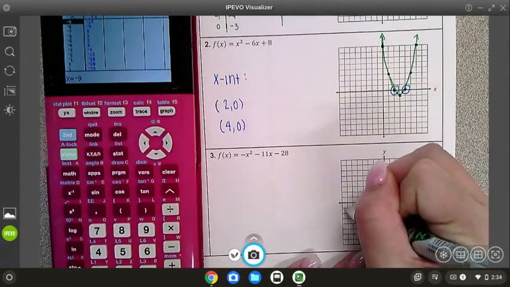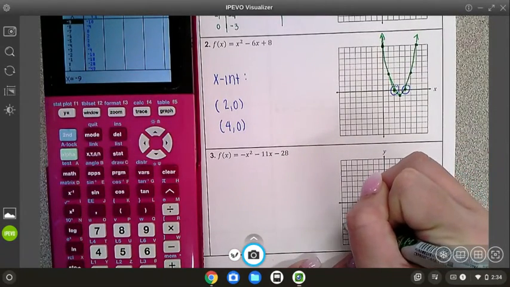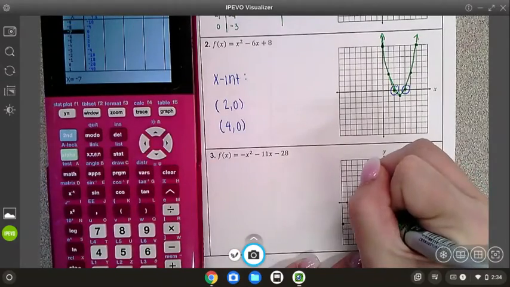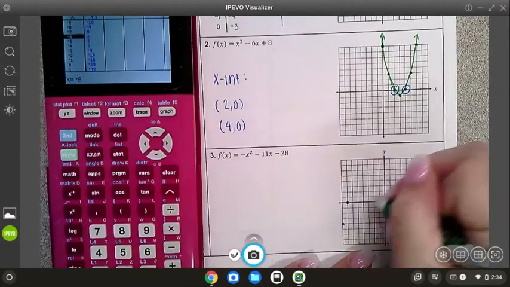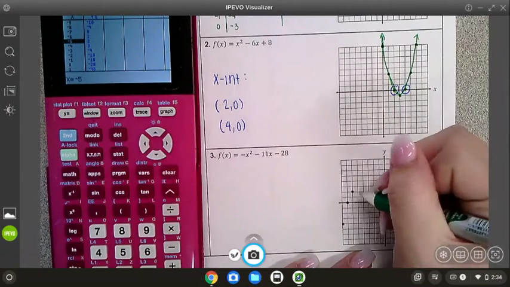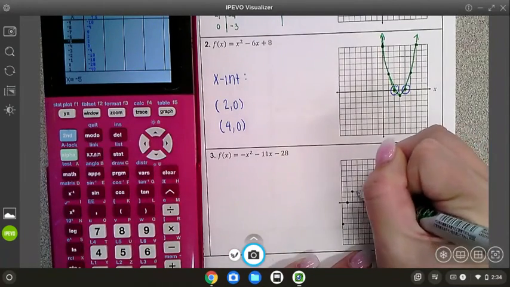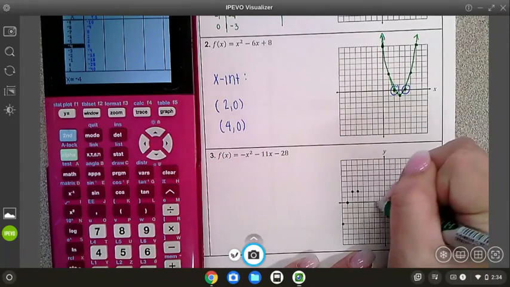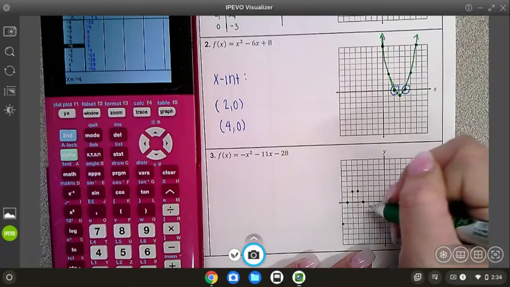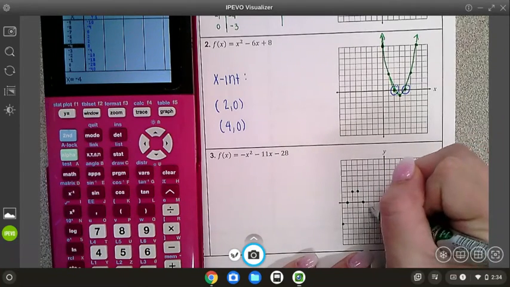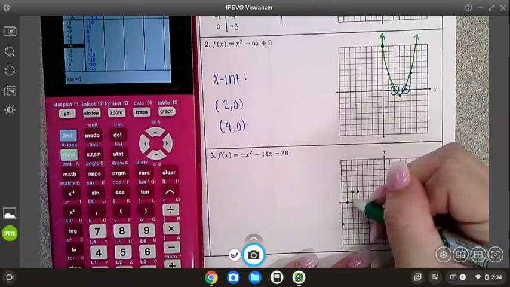We can do -8, -4; -7, 0; -6, 2; -5, 2; -4, 0; and -3, -4.